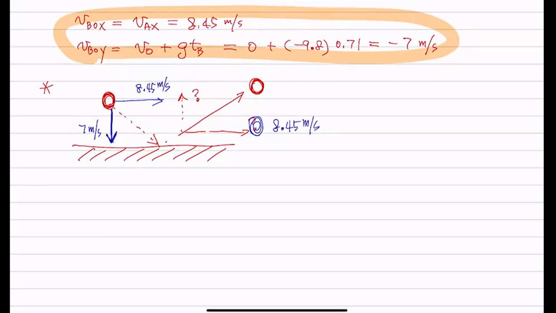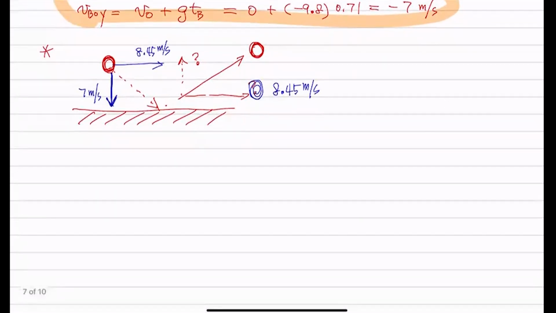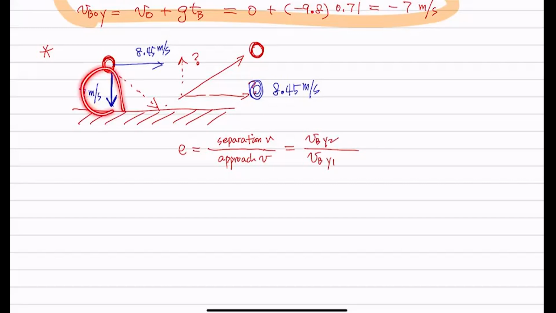That one can be obtained by using the coefficient of restitution. So e is going to be the separation velocity over the approach velocity, right? And that can be seen as VBy2 over VBy1. If we call this one VBy1 and this one VBy2, okay?